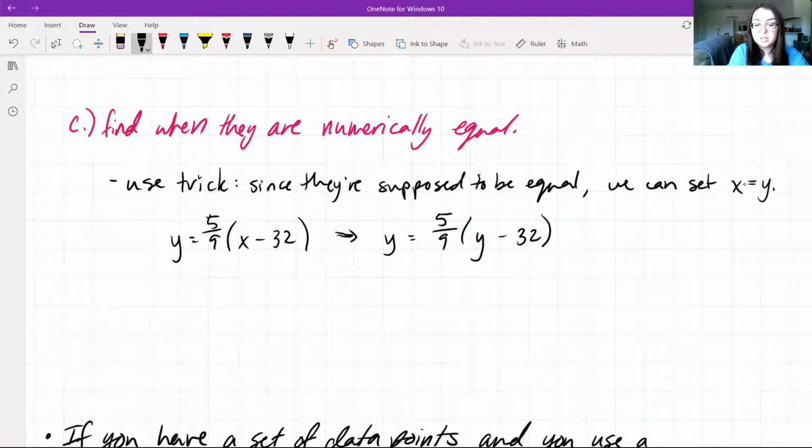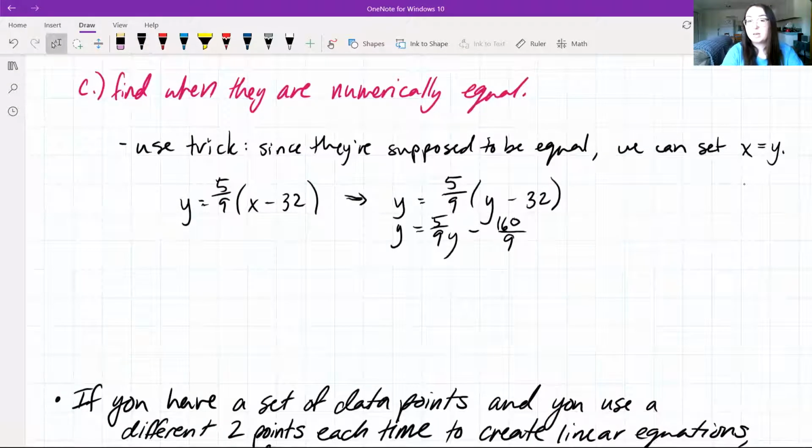So we can distribute our 5/9, so we get y is equal to 5/9 times y minus 32 times 5 over 9, which is going to give us 160 divided by 9.